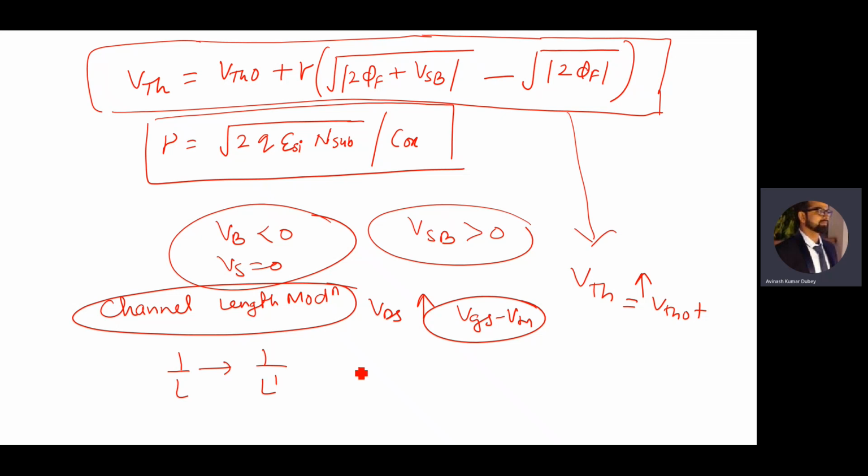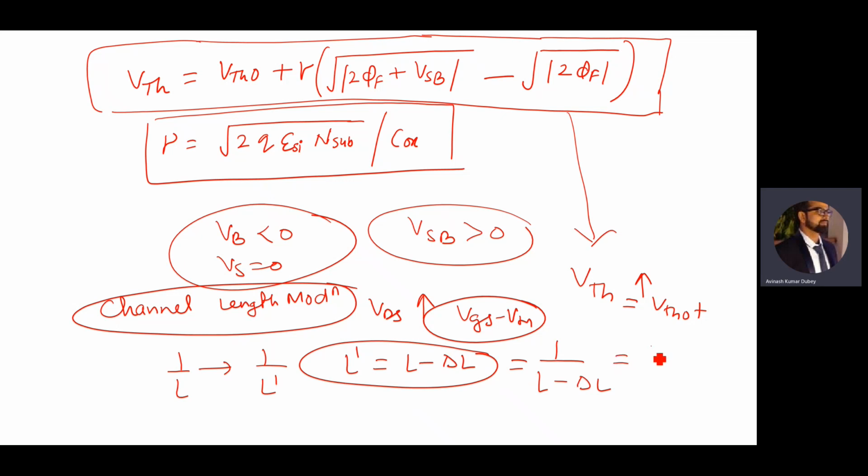This L dash is written as L minus delta L, where delta L is the reduction in the channel length because of this pinch off. So 1 by L dash is 1 upon L minus delta L.